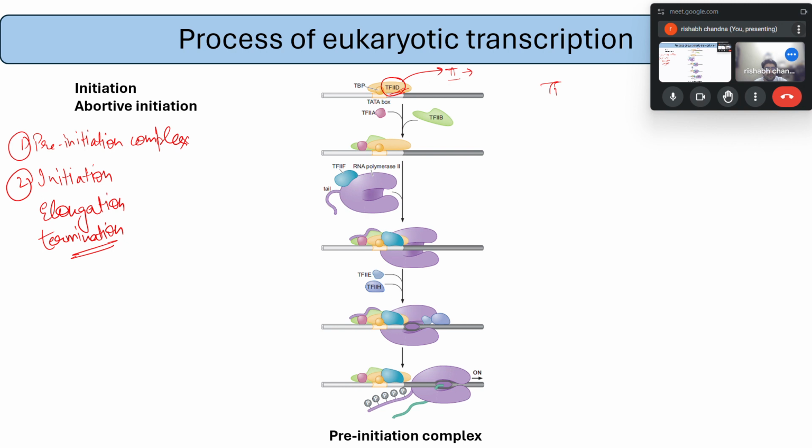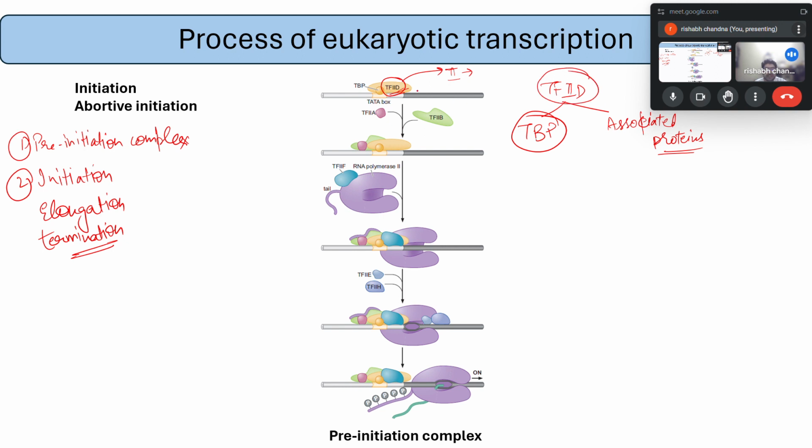Now TF2D has two parts. One is the TBP and the others are the associated proteins. TBP stands for TATA binding protein. This is a subunit of TF2D only.